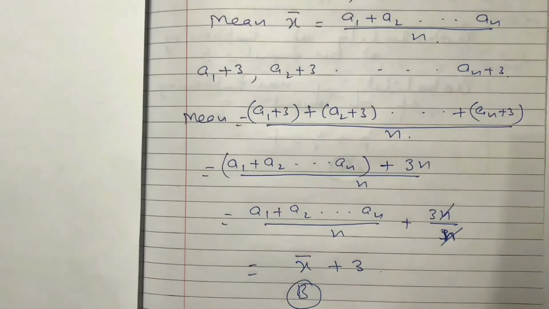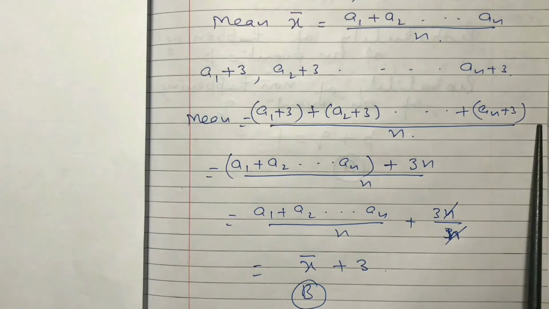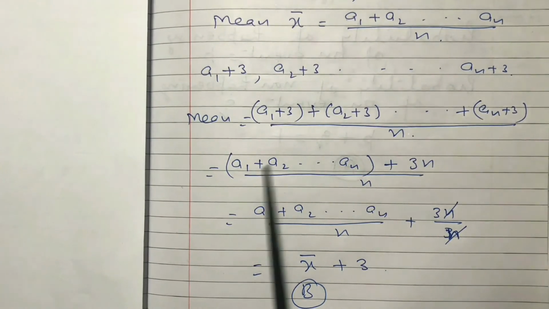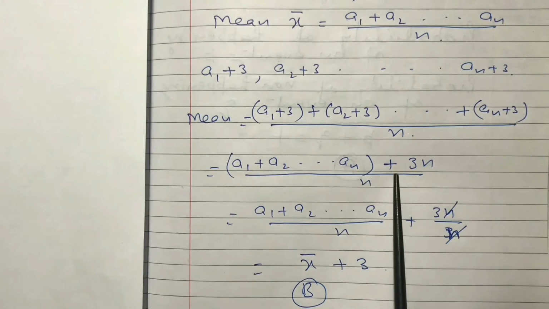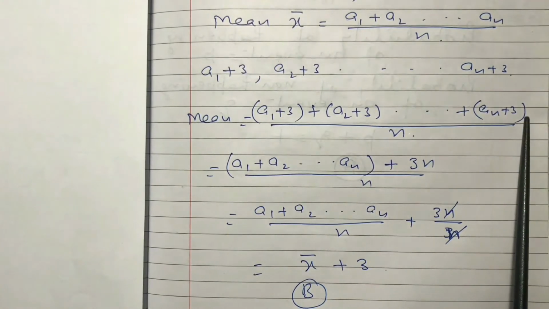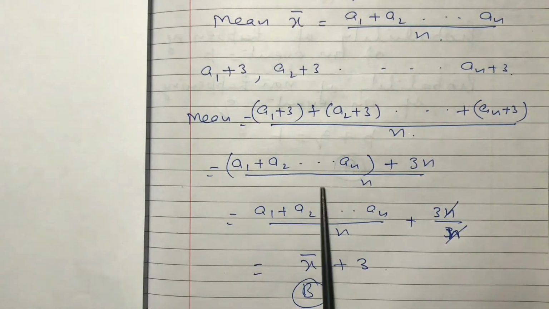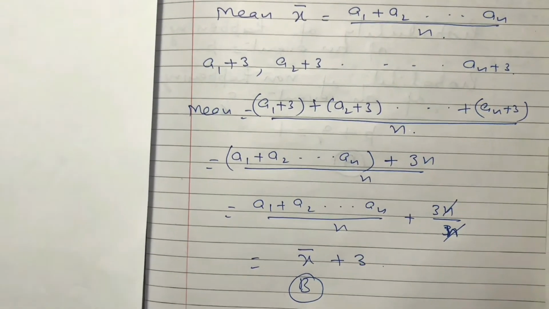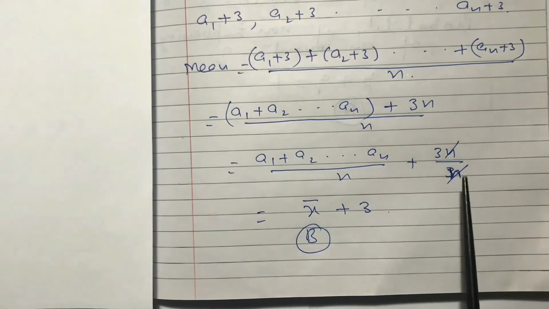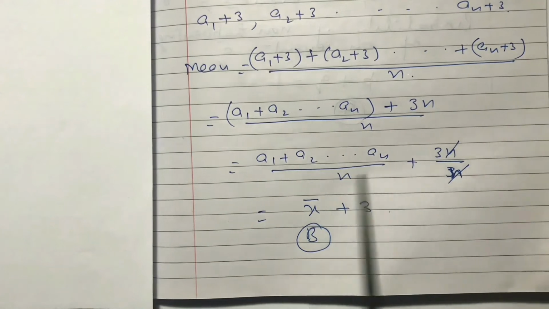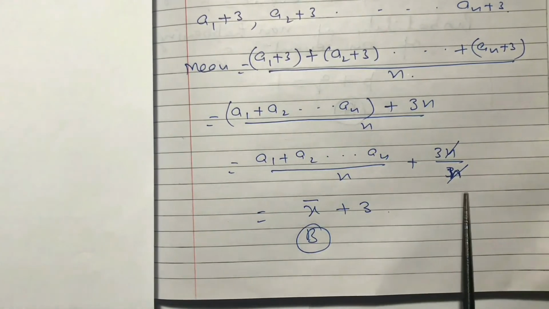Now find the mean. Mean is equal to a1 plus 3 plus a2 plus 3 up to an plus 3 upon n. This can be written as a1 plus a2 up to an plus 3 plus 3 plus 3 up to n times, which is 3n, upon n. Now this can be written as a1 plus a2 up to an upon n plus 3n upon n, and n is cancelled, and this is equal to x bar plus 3. So B is the option.